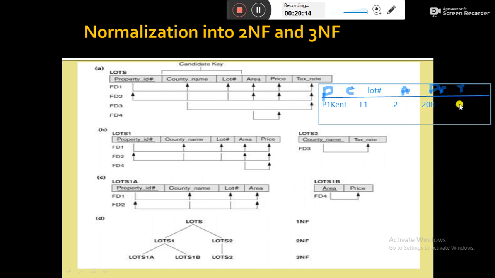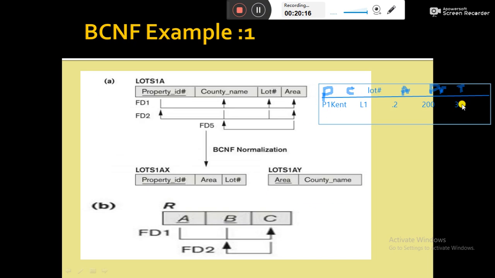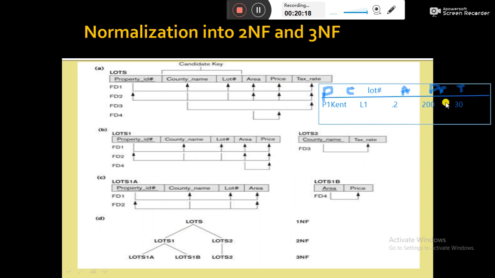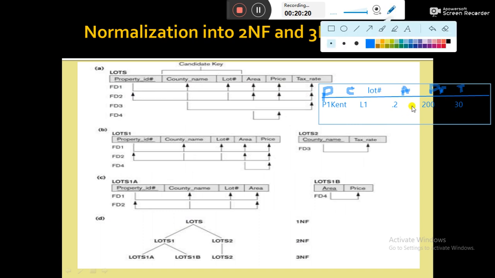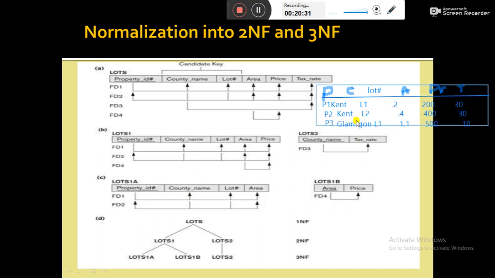I've written a single set of data. So P1. This is for your clear understanding. This is the P for property ID. If you look at the domain of property ID, you are getting unique values P1, P2, P3.